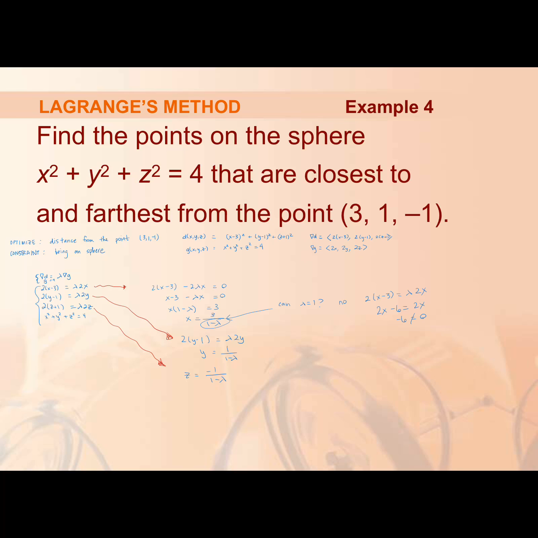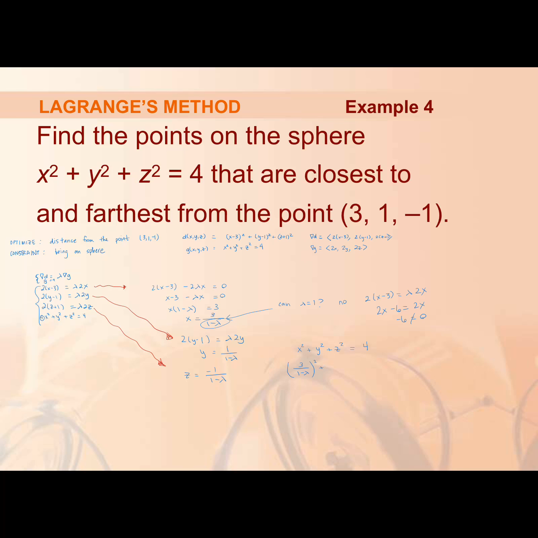So now we've got x, y, and z. And what we're going to do is we are just going to plug them in to our last equation right here. So let's call this equation number 4. So we've got our constraint here. So x squared plus y squared plus z squared equals 4. X is 3 over 1 minus lambda.